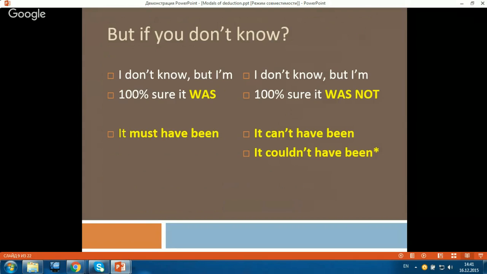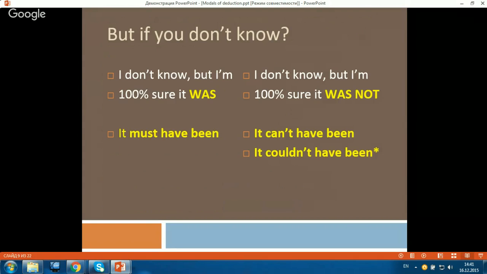In this function, both modal verbs can't have been and couldn't have been have similar functions and can be used equally. The structure must have been, can't have been looks a little bit strange, but in reality it's not so unfamiliar to you. I hope you remember the third conditional.